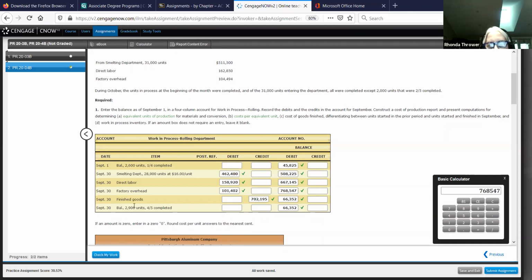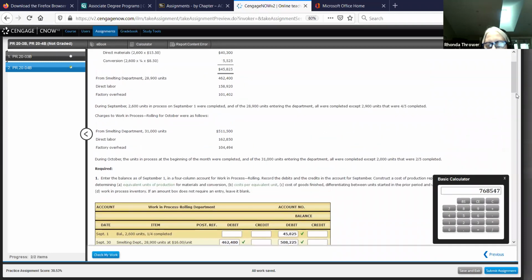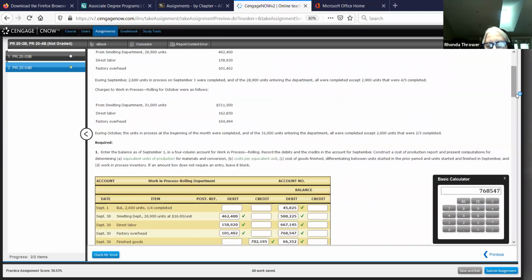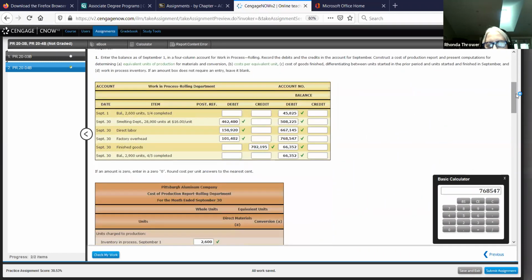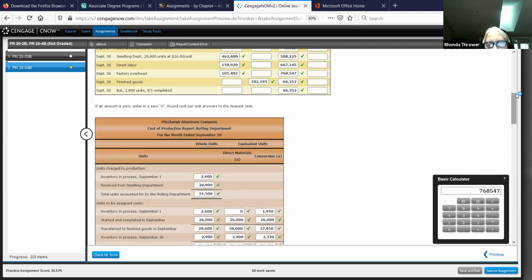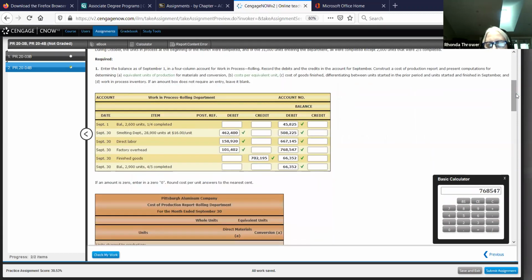So in the new accounting period, this 2,900 ending inventory will become the beginning inventory next month, and that beginning inventory will have to be finished in the next month. Does that make sense to you?